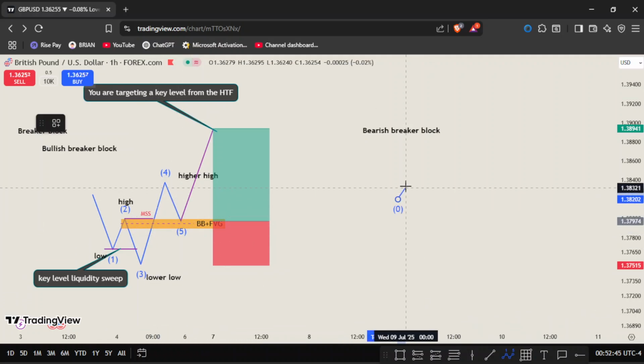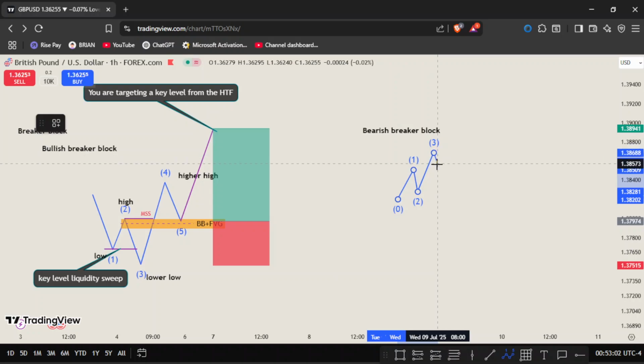We will have formed a high, then formed a low, then another high.